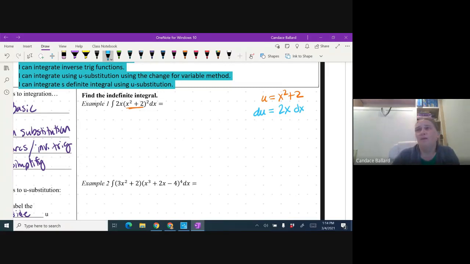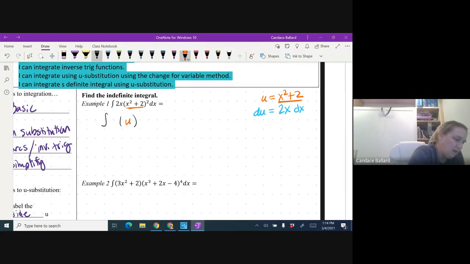Okay. So now what I am looking for is, when I substitute in, I have to be in the same variable. So if I have x's in the equation, I want a dx at the end. If I have u's in the equation, I want a du at the end. I already know that when I set this up, my u over here is equal to x squared plus 2.